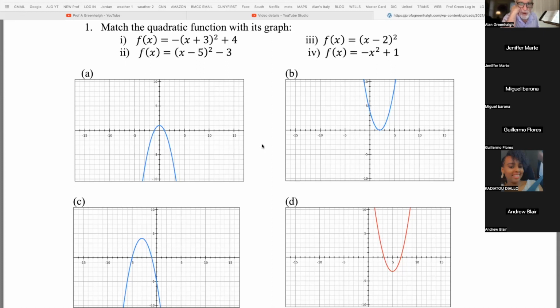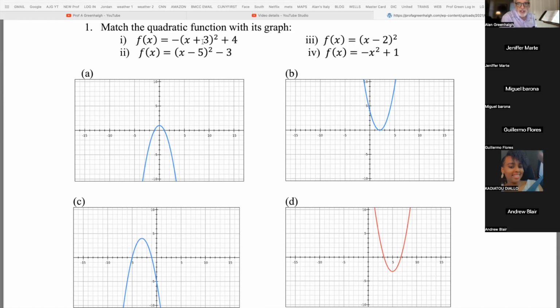These are most of the ones we did. I mean, they're not exactly the ones we did. We did other ones as well, but these really represent a very nice picture of what the quadratic functions look like. Keep in mind that for the quadratic function, let's look at number 1, for those of you who weren't here, the x value of the vertex is the opposite of +3, which is -3, and the value of y is 4.